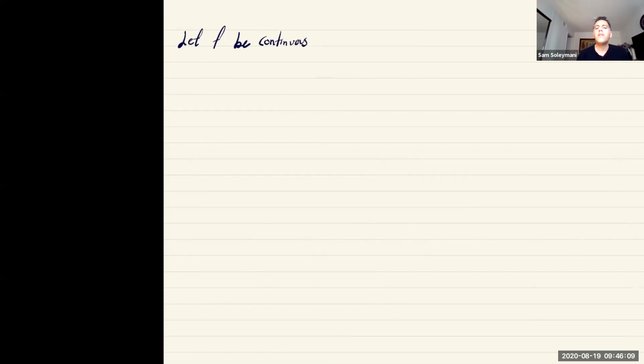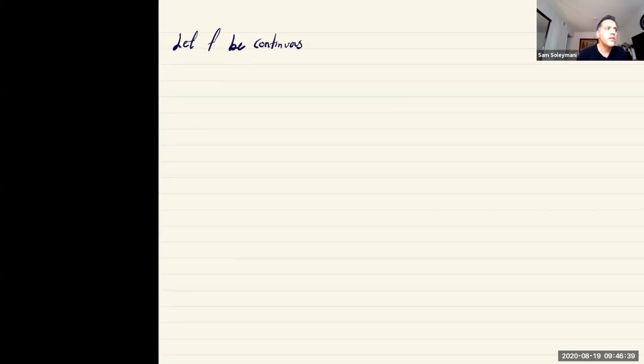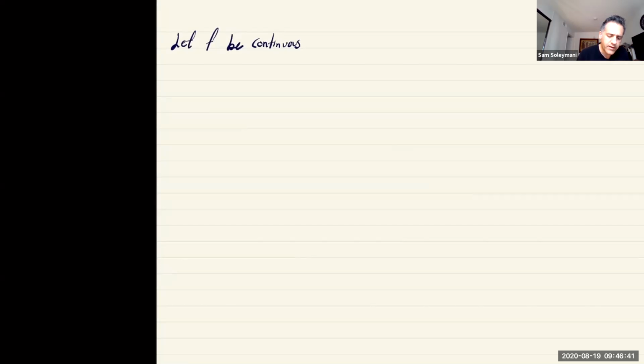Continuous means no holes, no vertical asymptotes, and no removable discontinuity. You can't take the point and put it somewhere else. Also, no jumps. That's what makes a function continuous.